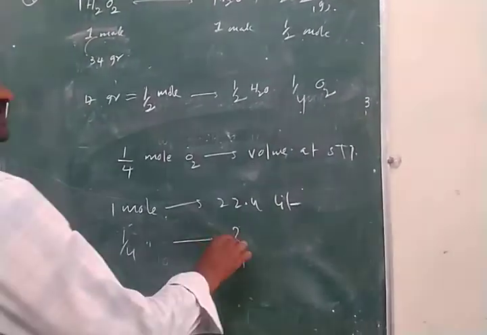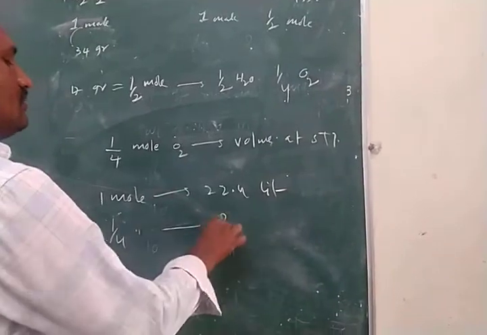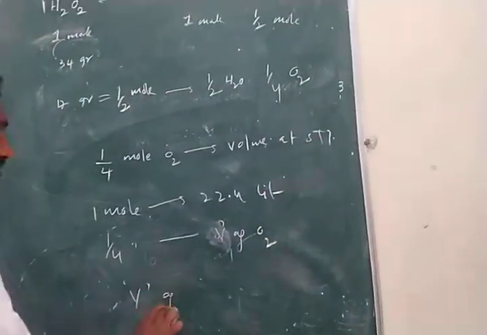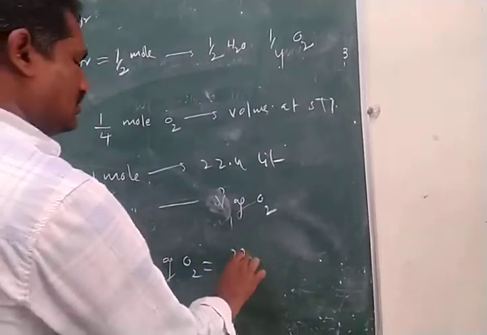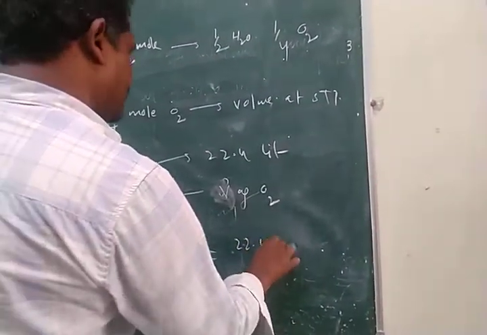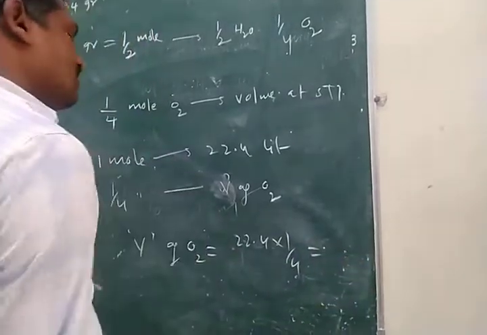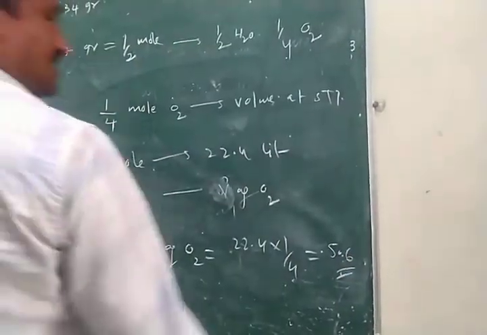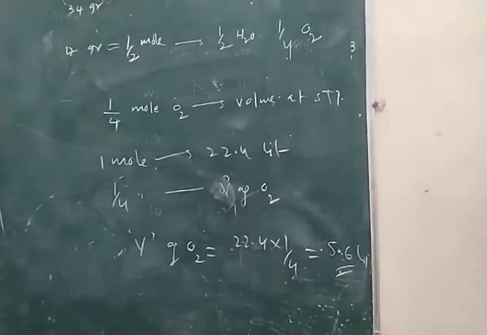So V of O2 equals 22.4 into 1 by 4, which equals 5.6 liters. 5.6 liters of O2 is produced.